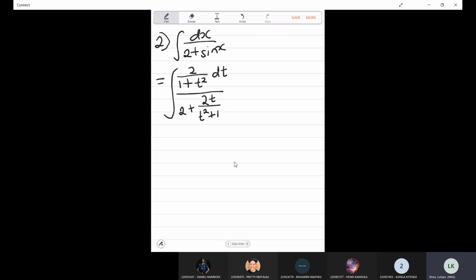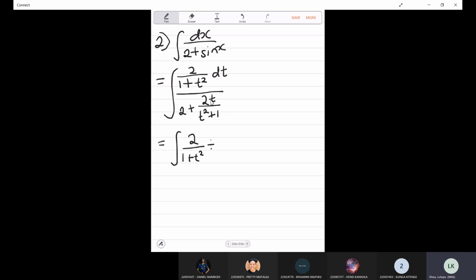So this is the integral of 2 over 1 plus t squared divided by, combining these two fractions, we have 2t squared plus 2 plus 2t.